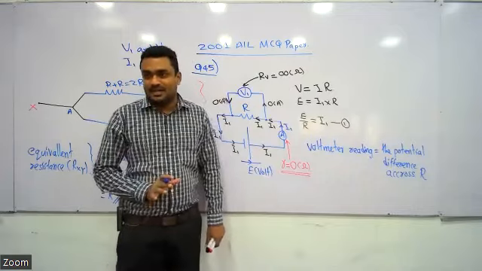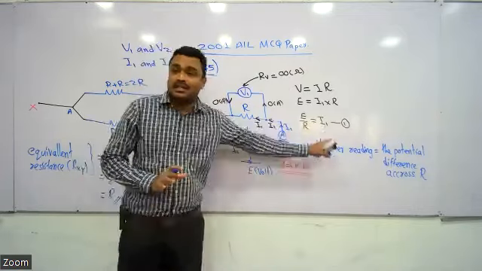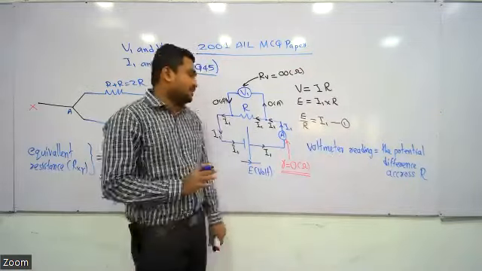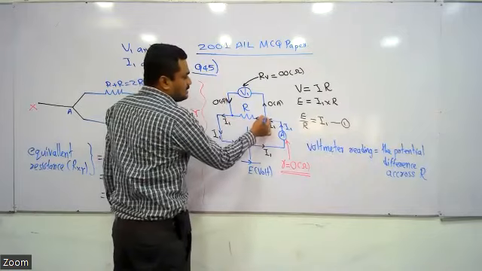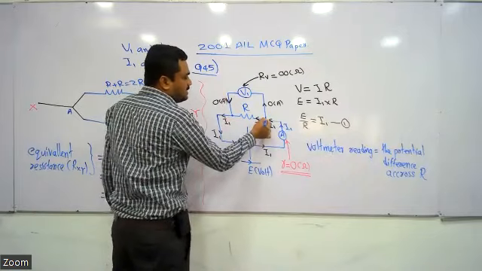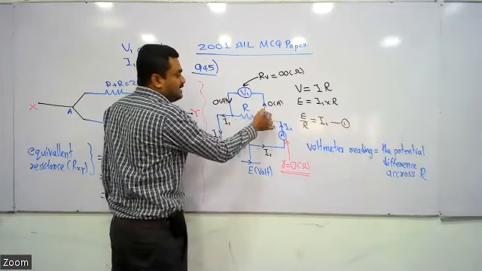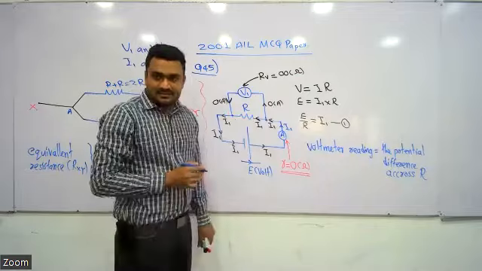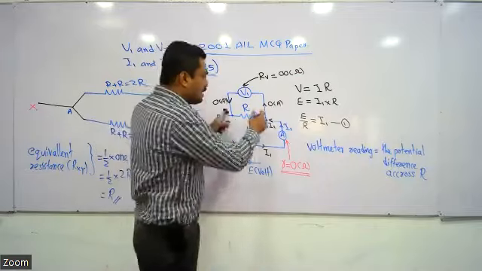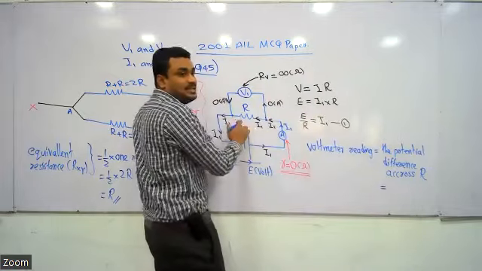I am doing a paper discussion. As this is a discussion, I write all the things and explain everything. The voltmeter is connected to the resistor capital R. Therefore, voltmeter reading means the potential difference across the resistor capital R. Right? So, what is the potential difference across the resistor capital R here?